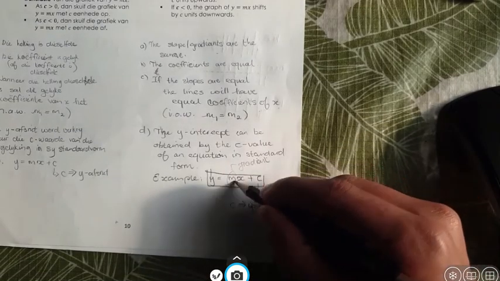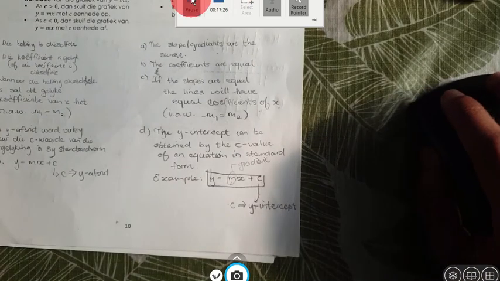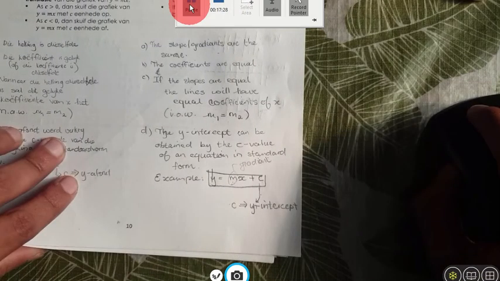So the c is the y-intercept, and the m is the gradient. Once you've done writing down this or correcting your answers, I want you to go on to the next page.